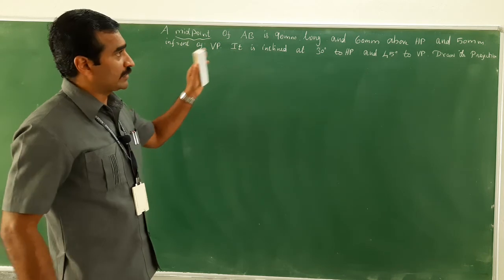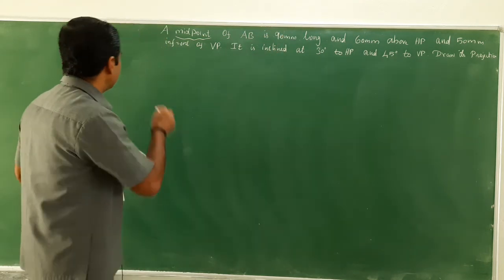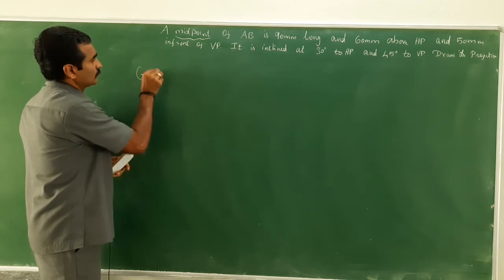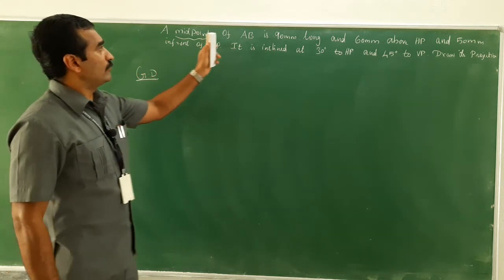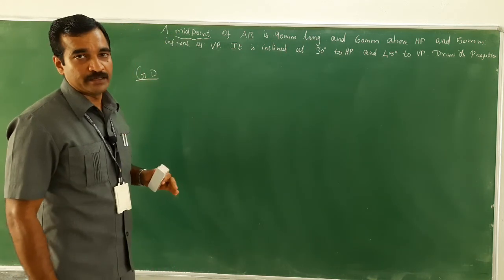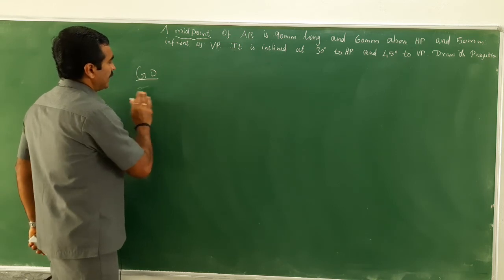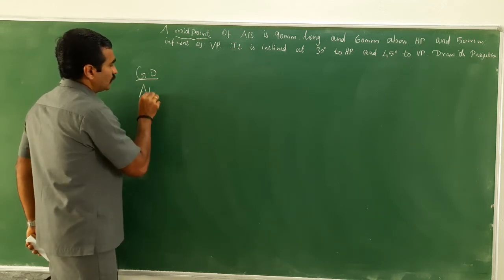Let me extract the information which is given in the question, given data. A midpoint of AB is 90 mm long. What does that mean? That means the true length of the object, that is AB, is 90 mm.